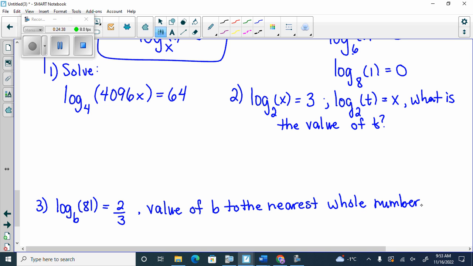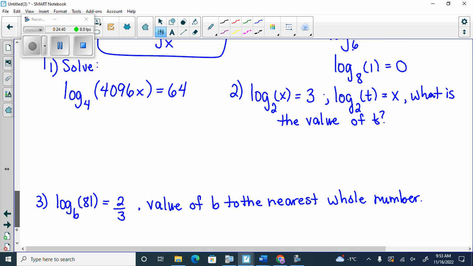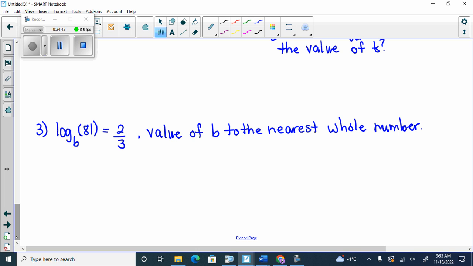And then log base a of b equals 4.5, and log base a of c equals 3.7.